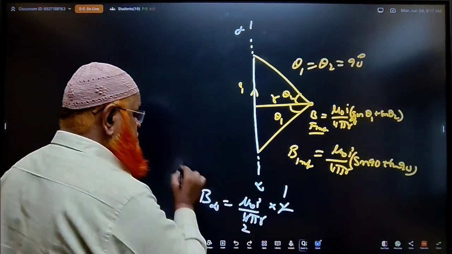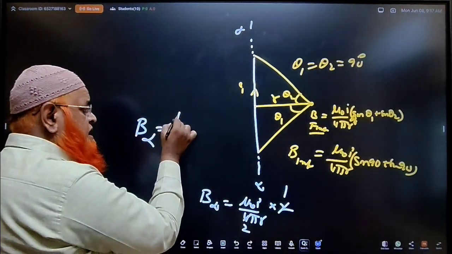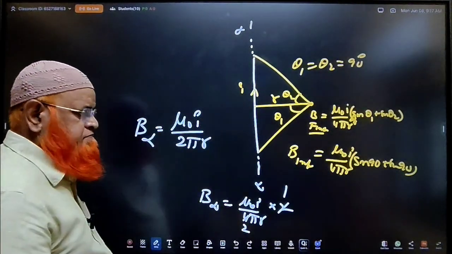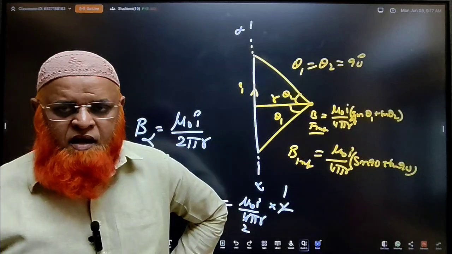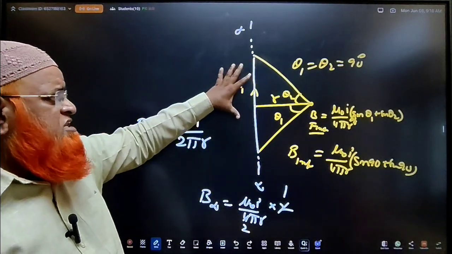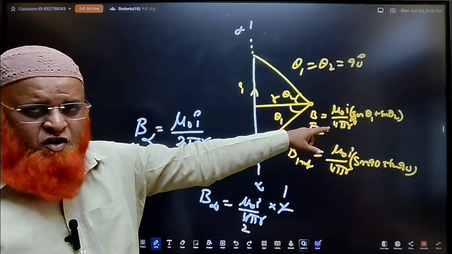Therefore, for an infinitely long wire, your formula is mu naught I by 2 pi r. For a finite wire, only this much wire, the earlier formula applies.